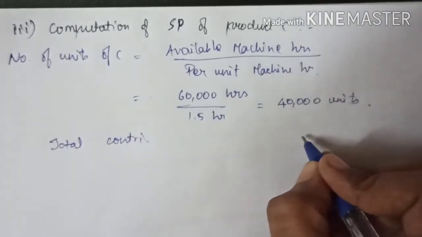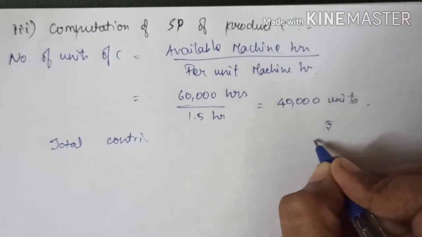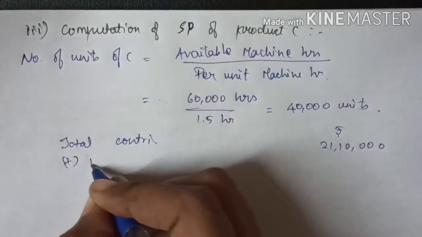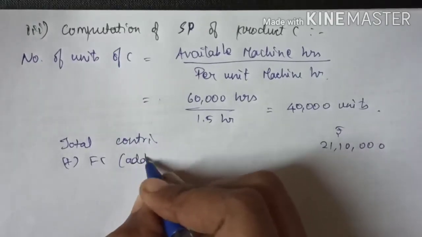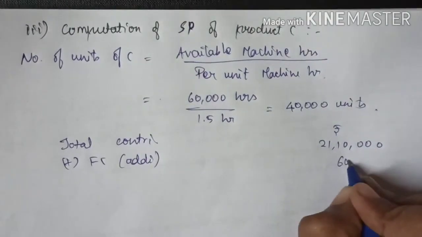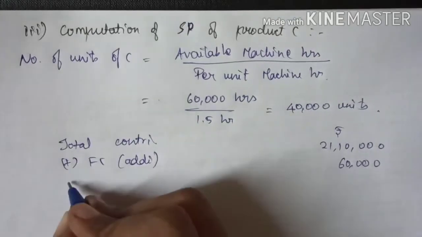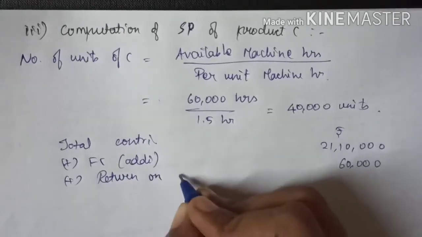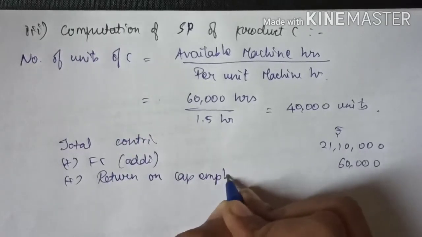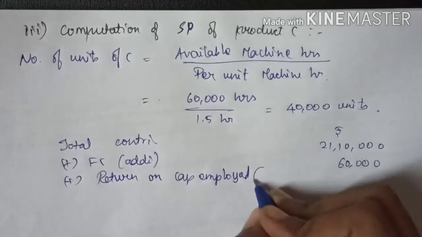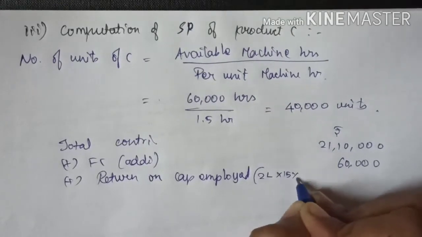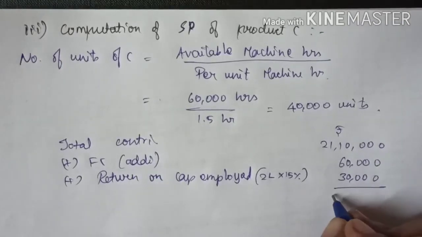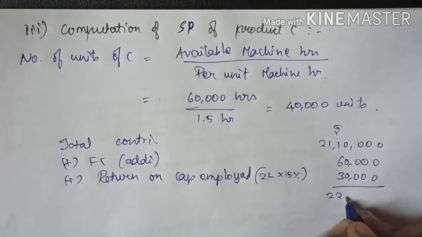Next one is contribution to be recovered from C. Total contribution is 21 lakh 10,000 plus fixed cost, that is additional fixed cost 60,000, then return on capital employed, 2 lakh into 15%, 30,000, and you add all these three, you will get 22 lakhs.